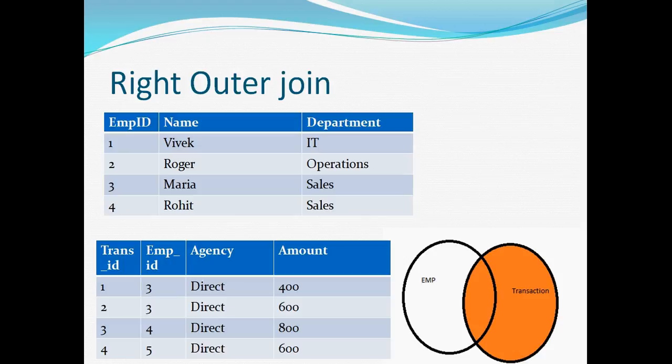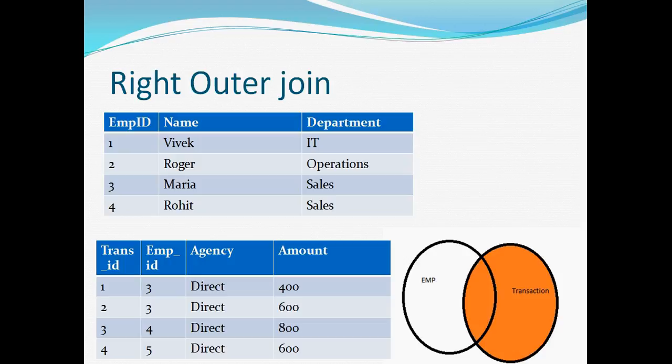Now if you see, my transaction table has an entry for the employee ID 5 which is not present in my employee table. So if I use the inner join, not only 1 and 2 will be dropped, 5 will also not be there. So inner join is not the solution for this particular scenario.